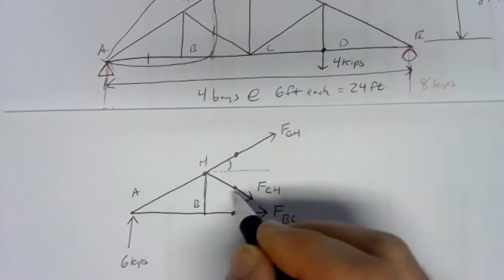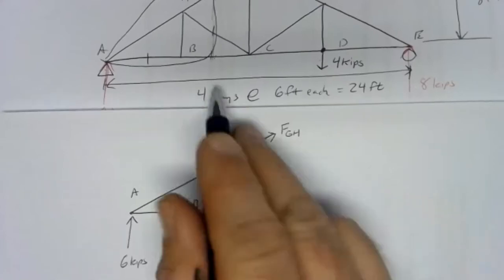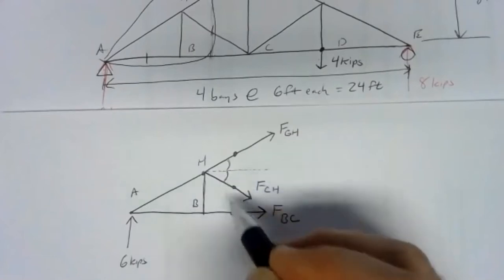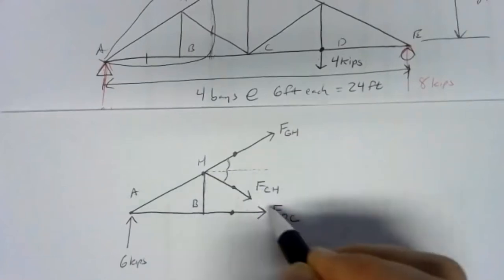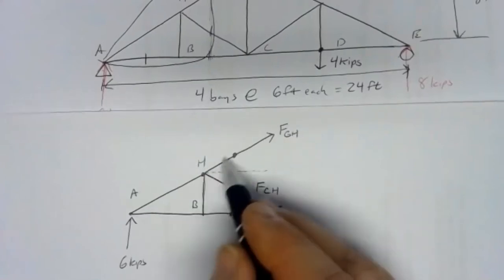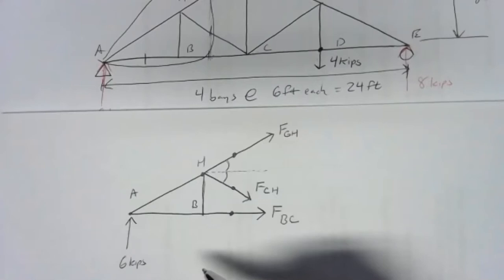Because of essentially symmetry, and we can argue it and we can actually calculate it out and prove it, this angle is going to actually be the same. So the angle that CH is below the horizon is the same as the angle GH is above the horizon.